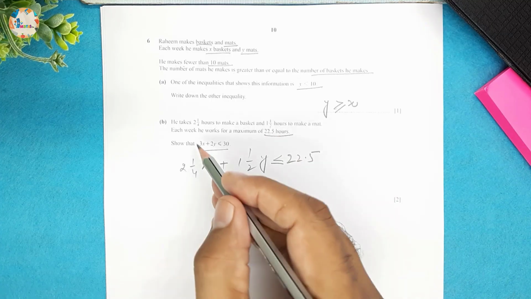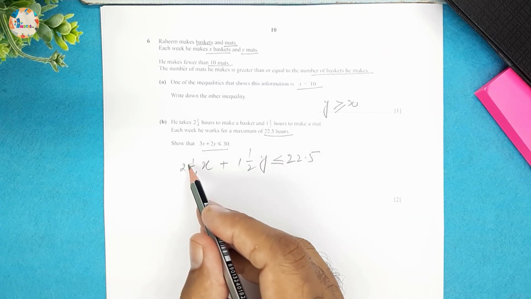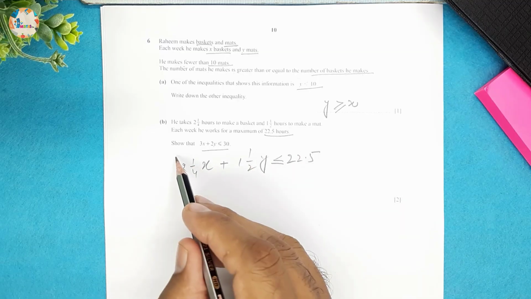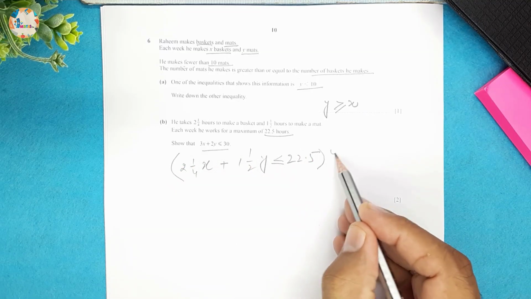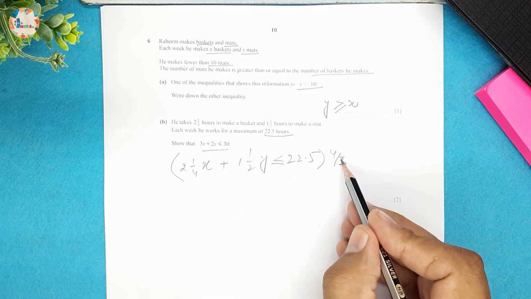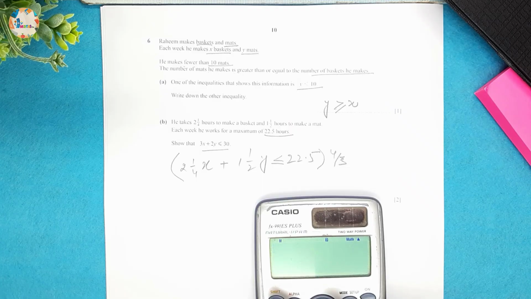Now we need 3 here, so we have to multiply this with some number to get 3. So we'll multiply the whole equation by 4 by 3, and we will multiply this one, 2 whole 1/4, by 4 over 3, and we will get 3.